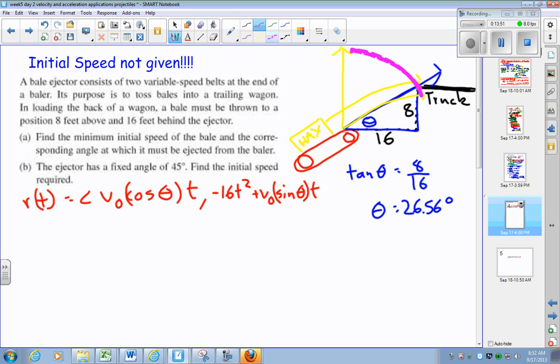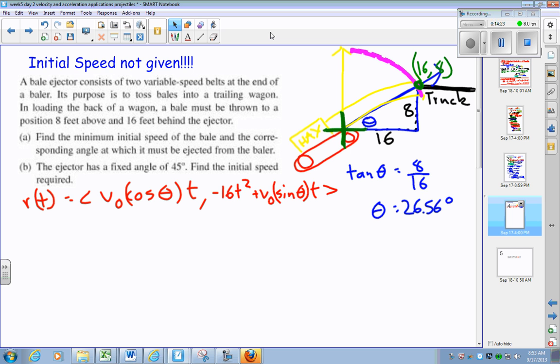Now, I don't tell you how high up the ejector is, but we can always set basically this right here as my origin. Okay? So if you set that to be our origin, then the goal is to get it up at 16,8. So let's just say that initial height is 0. Well, let's see if there's anything that we do know.